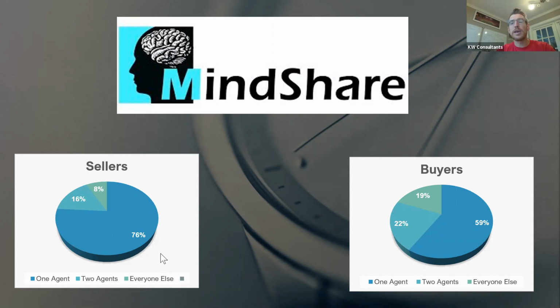Now, I would say that this could be even higher now. Obviously, the Millionaire Real Estate Agent data is from the early 2000s. I bet more often than not, buyers can only think of one agent, and yet they're also willing to go look at a house with whoever is right in front of their face.